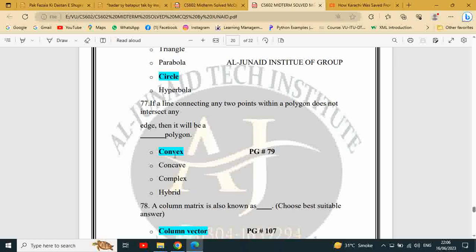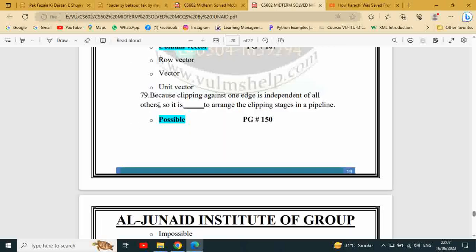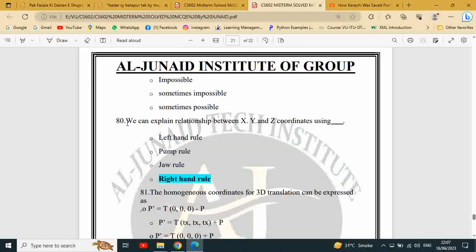A column matrix is known as a column vector. Because clipping against one edge is independent of all others, it is possible to arrange the clipping stages in pipelines. We can explain the relationship between x, y, z coordinates using the right hand rule.